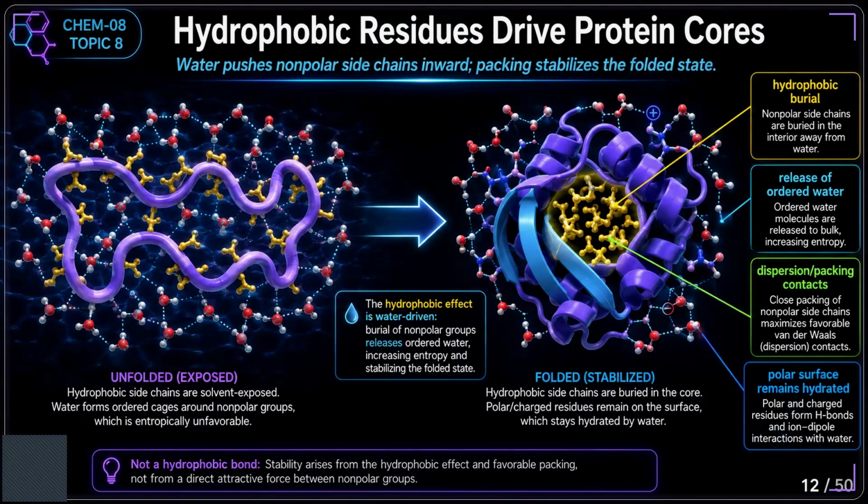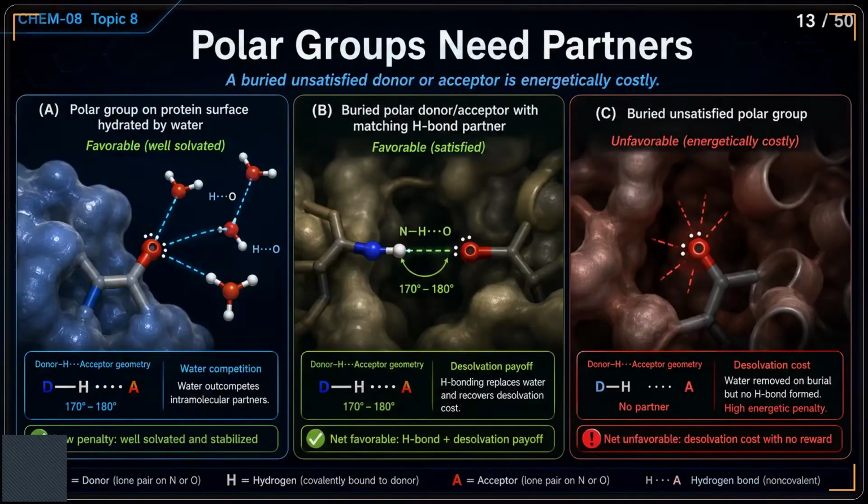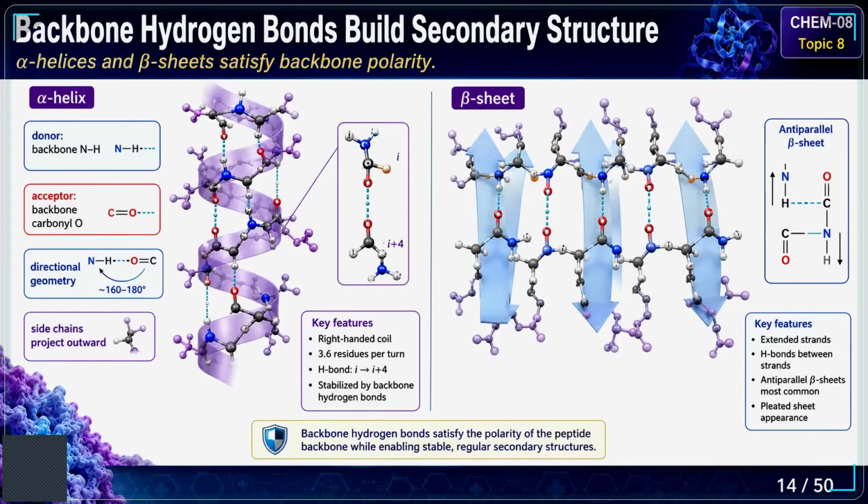Makes perfect sense. It's because of the hydrophobic barrier. And polar groups need partners. They need to interact with somebody. A buried, unsatisfied donor or receptor is going to be energetically costly because it does not allow an energy minimum. And that is what we want, right?